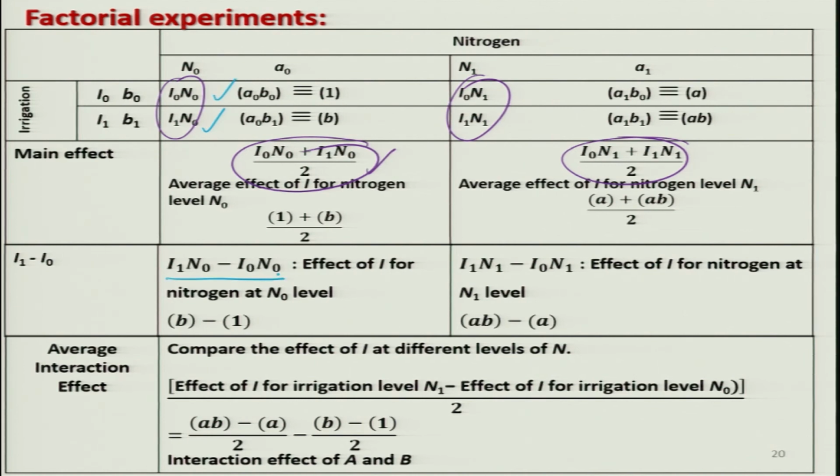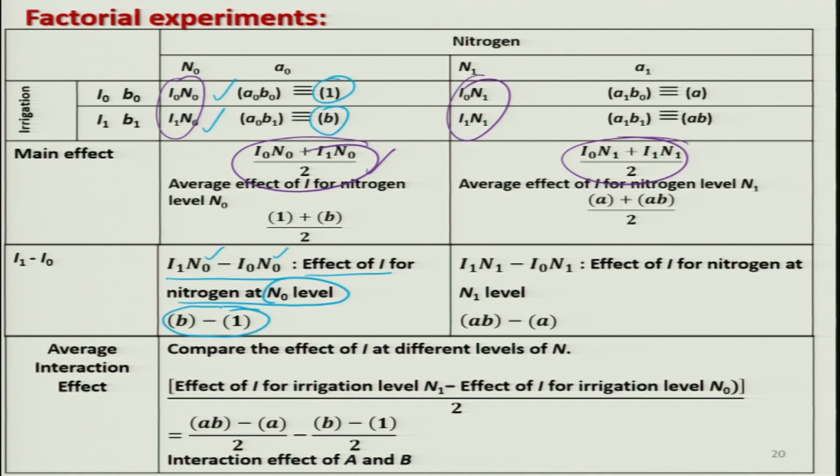You can see that in both cases N0 is common. So, one can consider that this is the effect of irrigation for the given nitrogen level at the N0 level. And if you express the same thing in terms of 1 and B, I can write this as AB minus 1.